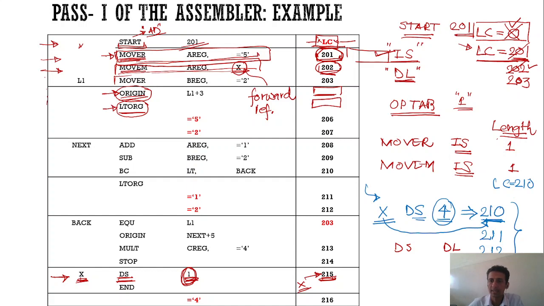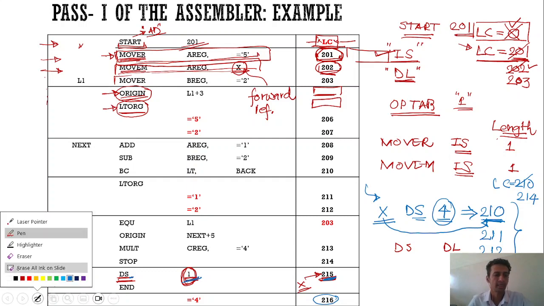So the next LC will be 210 plus the operand 4, that is 214. Now in the earlier example, the operand of the declare storage instruction was 1 and the current LC was 215. So the next LC is going to be 215 plus this operand 1, that is 260.